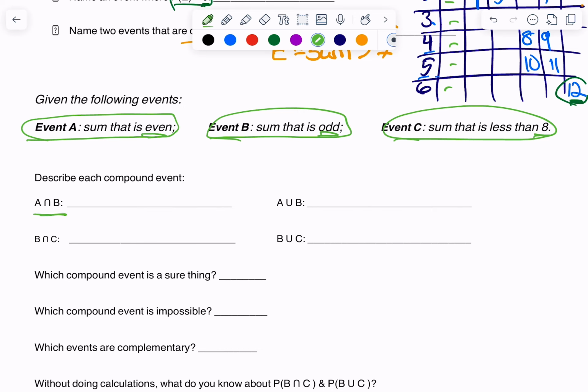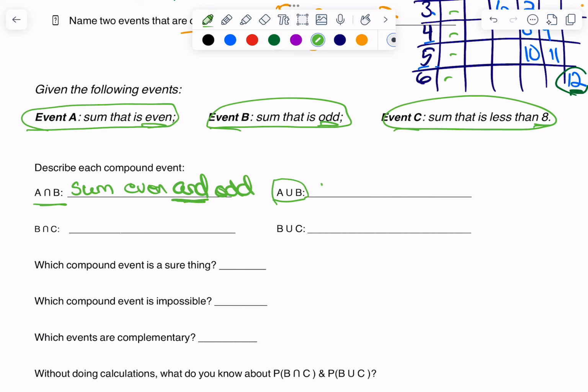So A intersection B means that the sum is even and odd. Remember that the word and goes with the intersection. Next one is A union B, which is the or. So sum is even or odd.